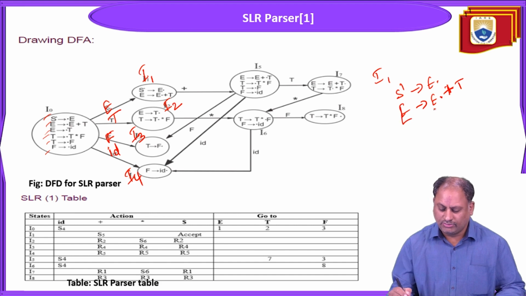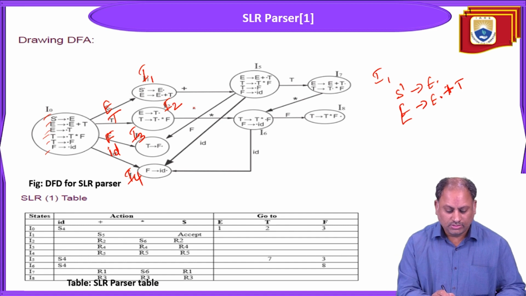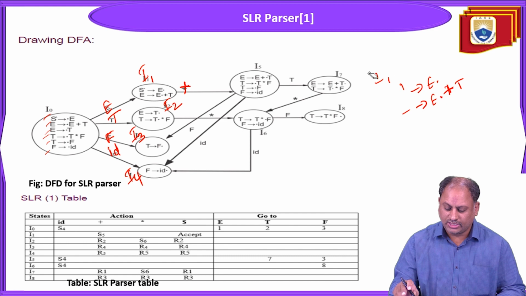Now, first verify I1 after E. What is the operation to be considered? That is the plus operation. Why? Because it has not reached the end of the rule. So that's why this plus operation is to be considered, and this is to be written as a new state.